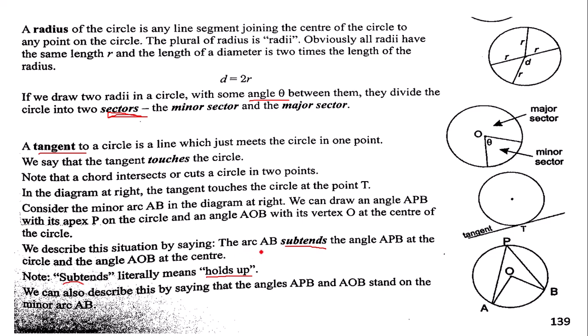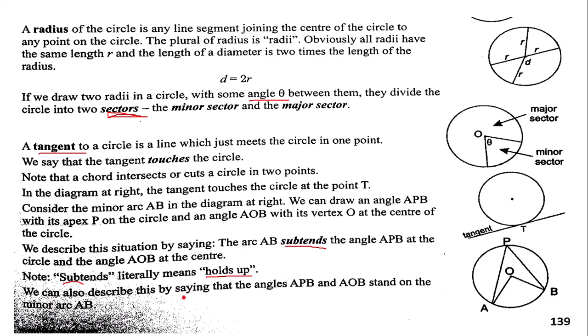So if they say the arc AB, this is the arc, subtends the angle APB, this is the angle APB, then it means the arc AB is under the angle, like a submarine, under water. Marine for water, sub for under. So the arc AB is under the angle APB, and it kind of holds it up. So it holds up the angle.